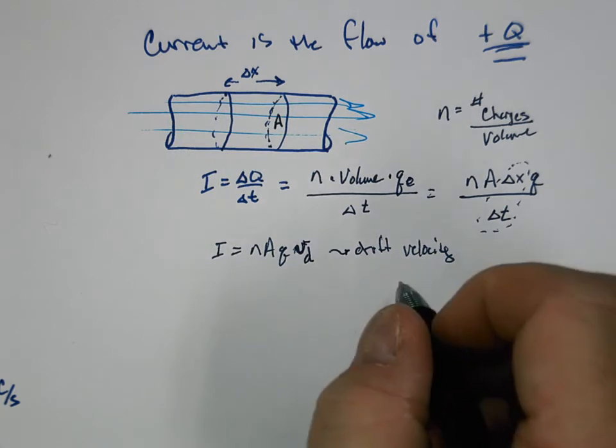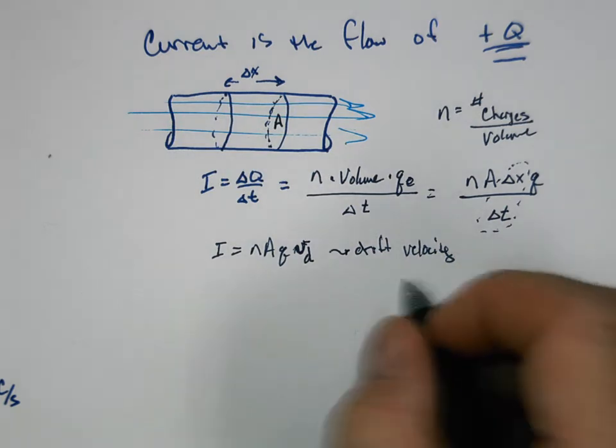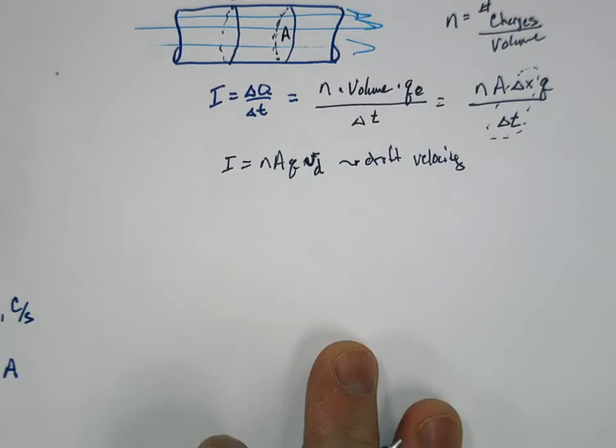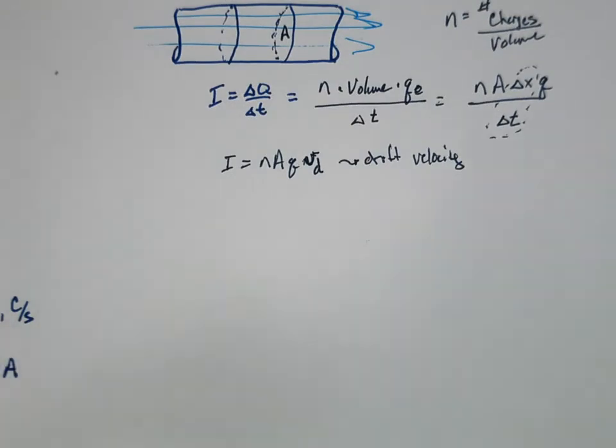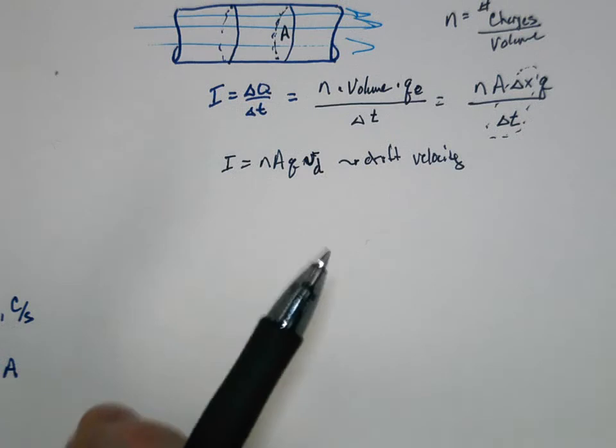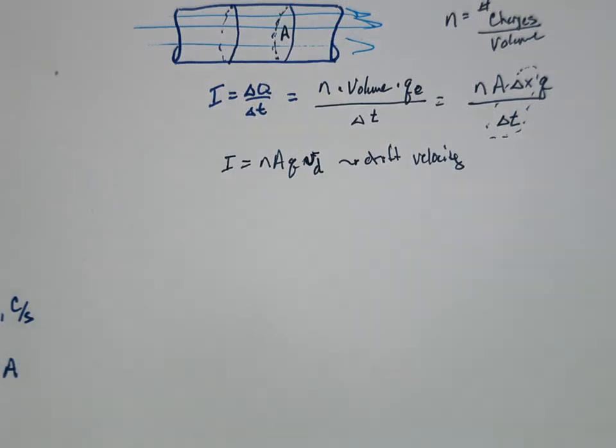Now you're going to solve for drift velocity in one of your problems, and we'll actually go over it tomorrow, because you'll be surprised at how little the drift velocity is. But I want you to think of current like this.